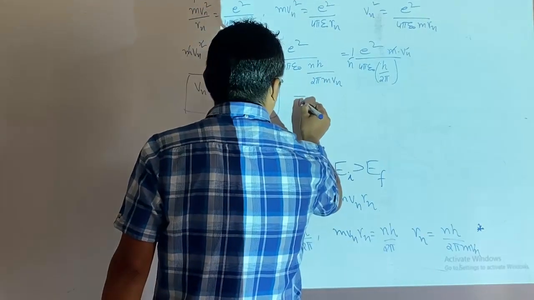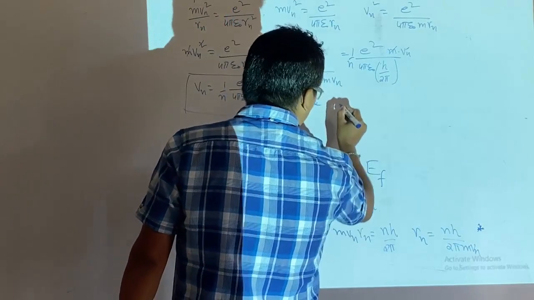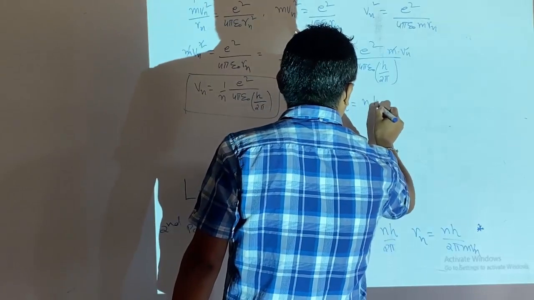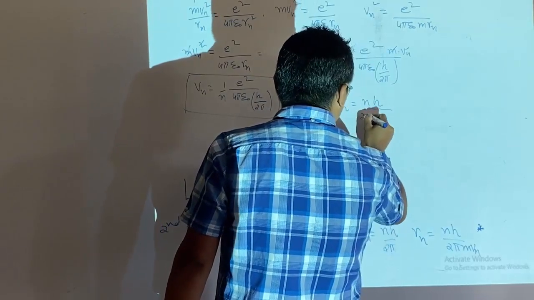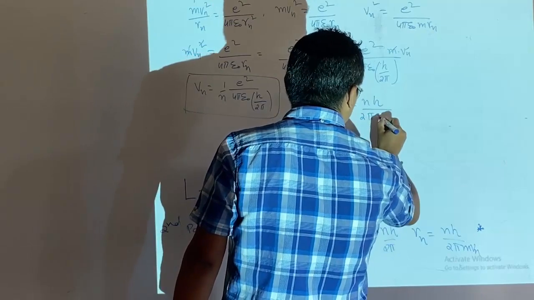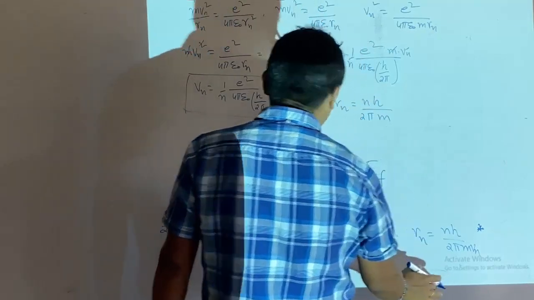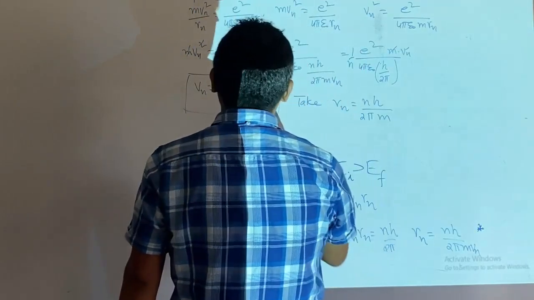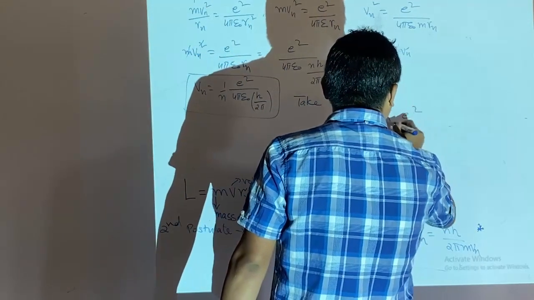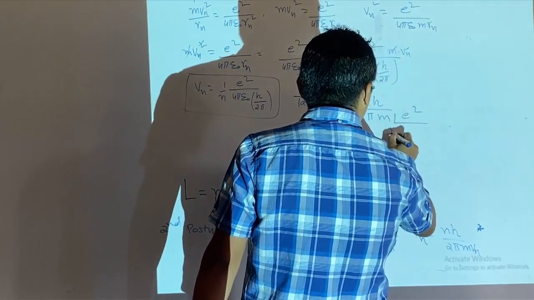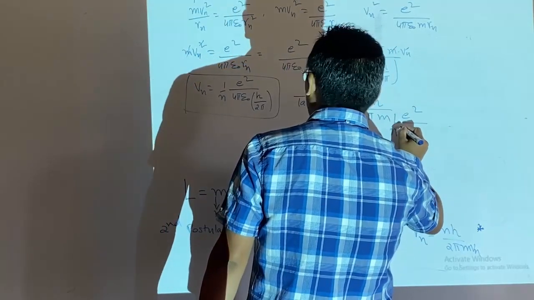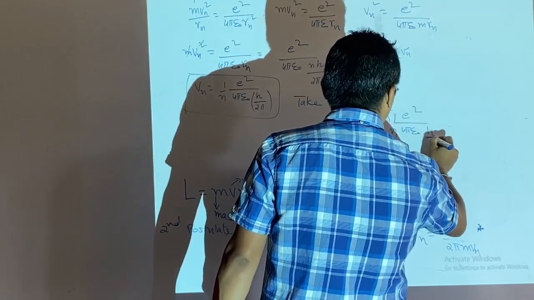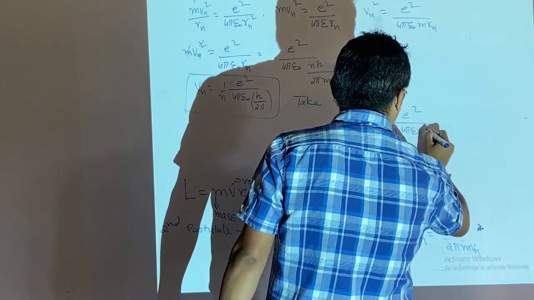Rn is equal to nh divided by 2 pi m Vn, and I substitute the value of Vn, which is e square divided by 1 by n, 4 pi epsilon naught h by 2 pi.